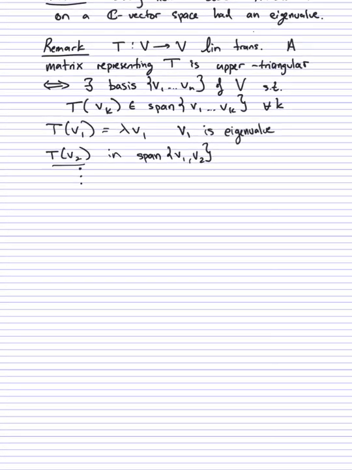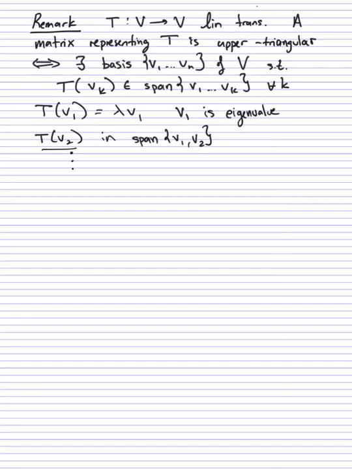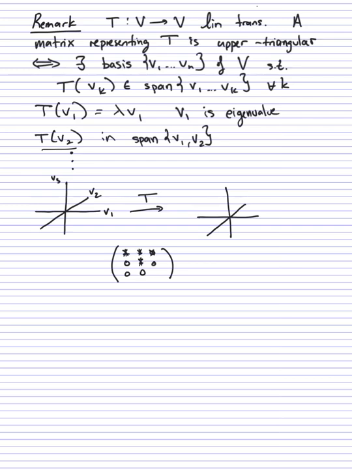So let me draw just a corresponding picture here for R^3. Let's just say this is v_1, v_2, and v_3. Here's T. Okay, so we know that this matrix in the v_i basis is upper triangular. So I can even make this explicit, so it looks like star, star, star in the first row, 0, star, star in the second, and 0, 0, star in the third.